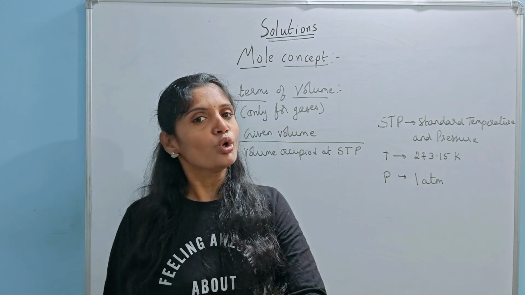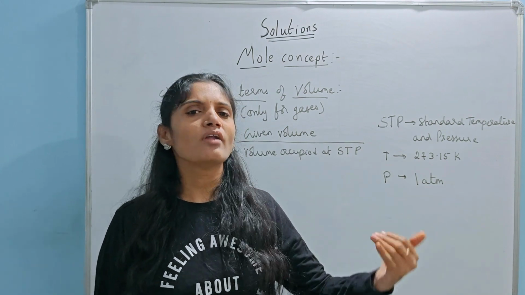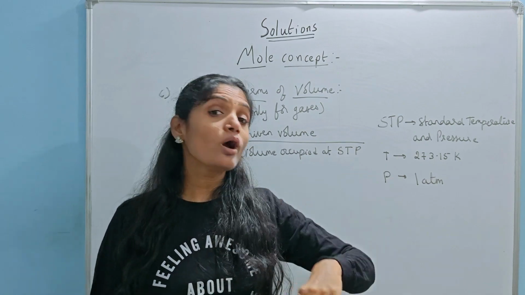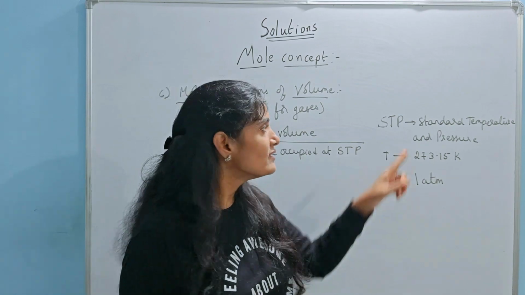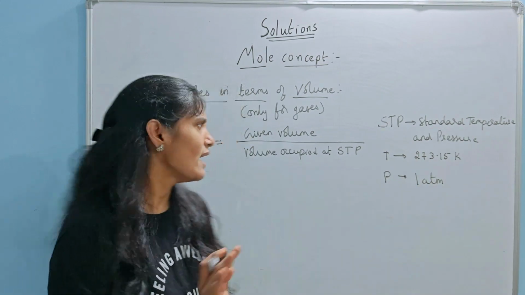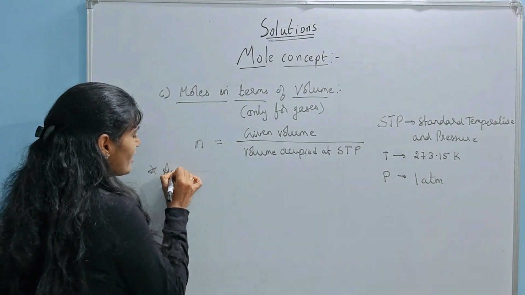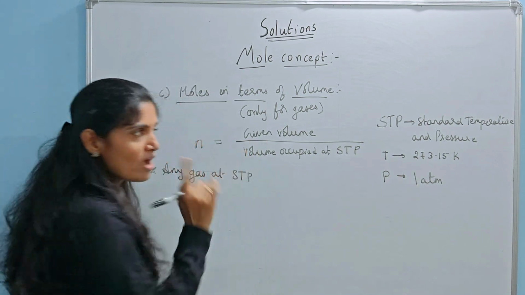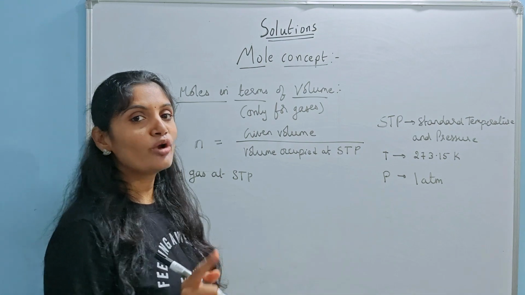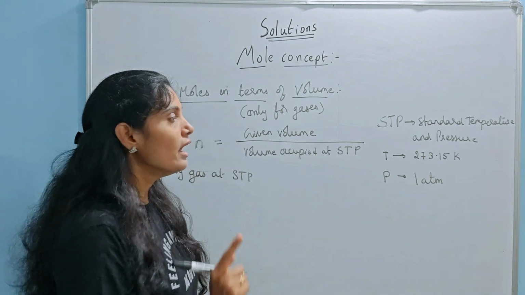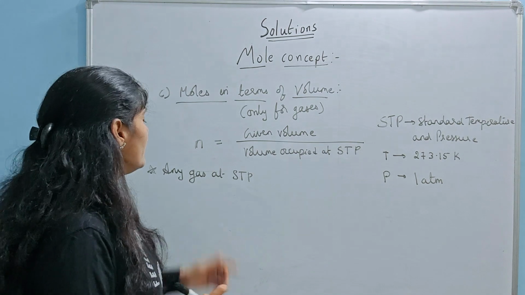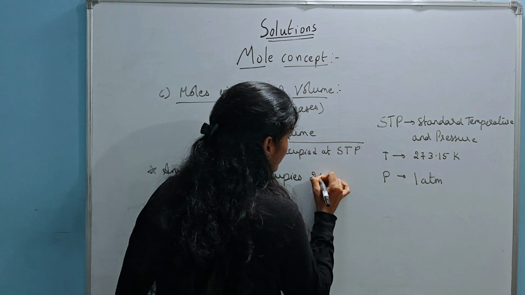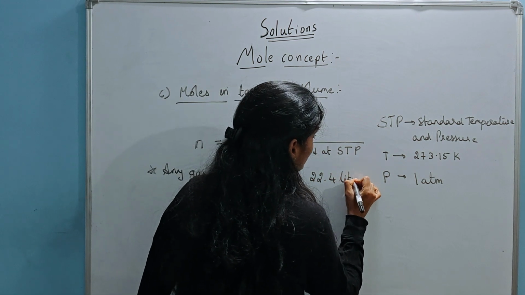So any gas, not only oxygen, any gas, whether nitrogen, helium, carbon dioxide, or nitrogen dioxide, at STP, standard temperature and pressure, 273.15 Kelvin and 1 atmosphere pressure, occupies 22.4 liters.